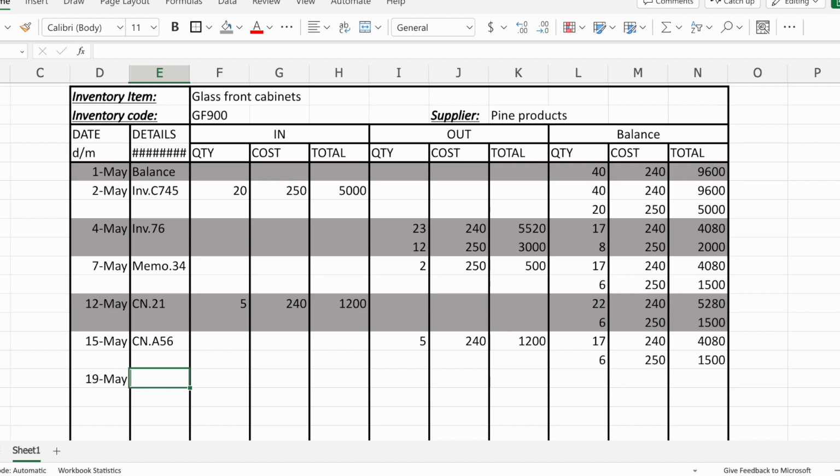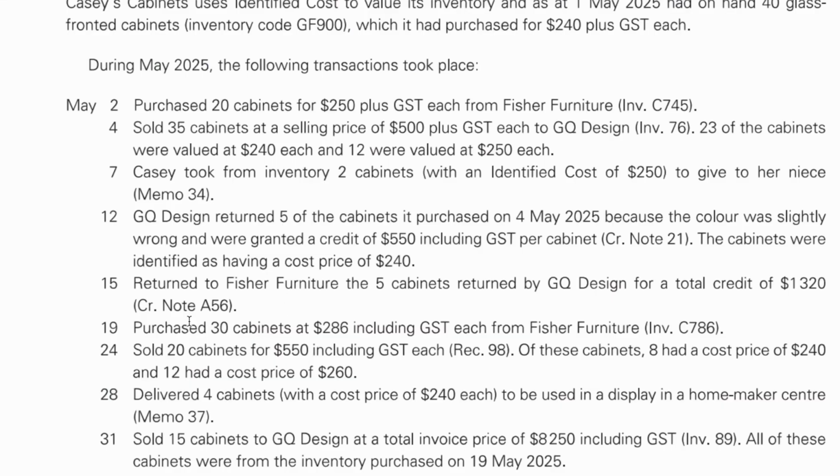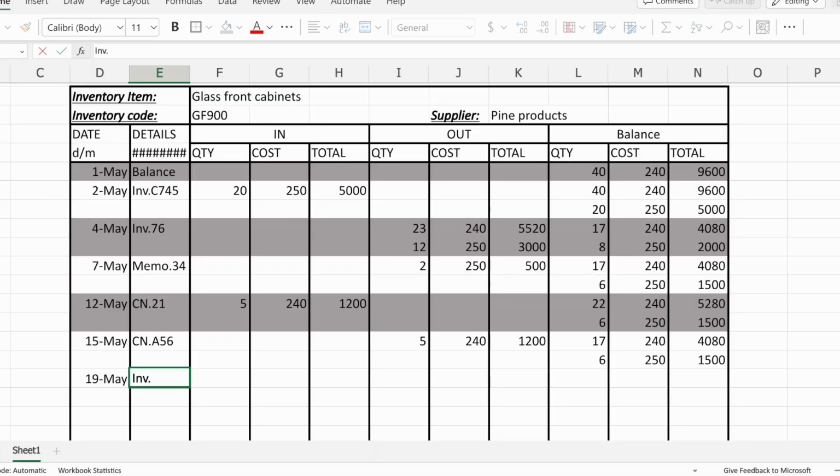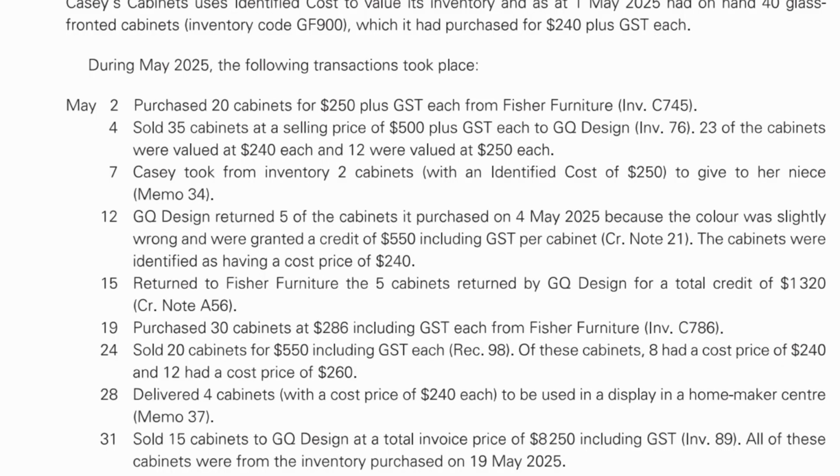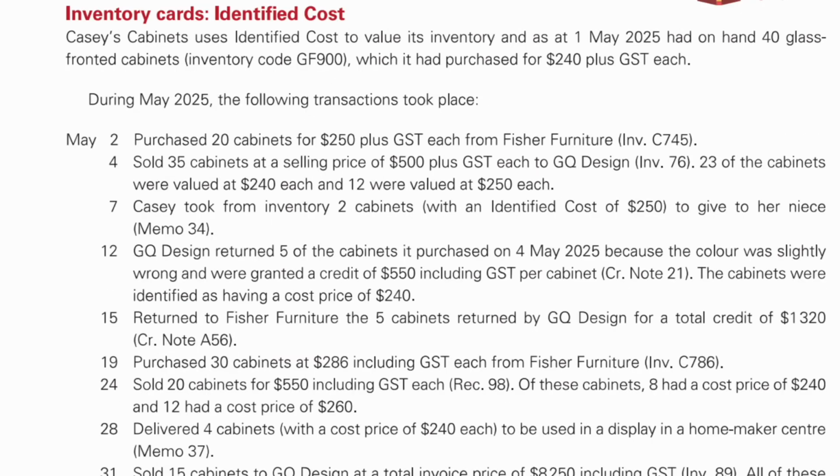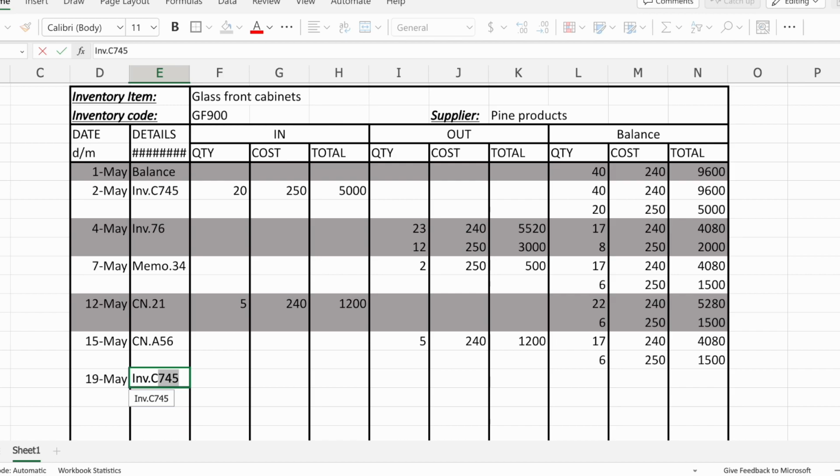So now given that we are purchasing, we get an invoice, C786. All right, invoice C786. So in this case, it's coming to us like we said.